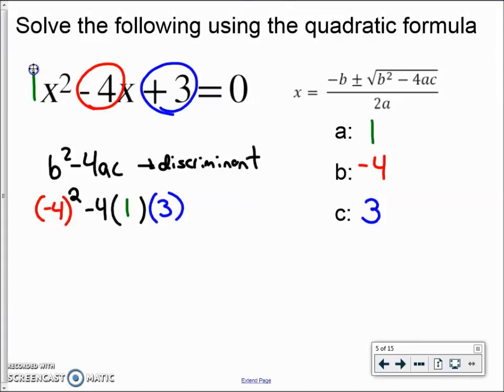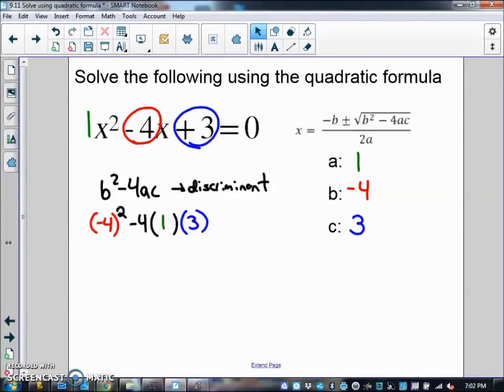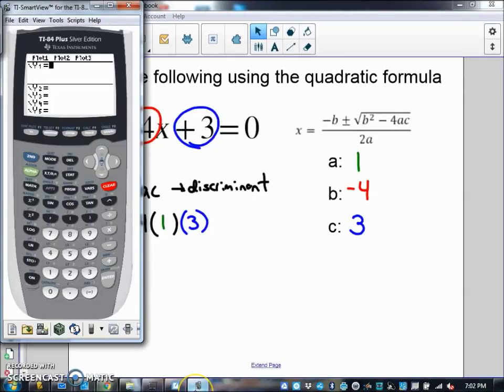When we get that, we will then use our calculator to do some of our calculations. I'm going to go ahead and enter that into the calculator right now. -4 in parentheses, quantity squared minus 4 times a times c.